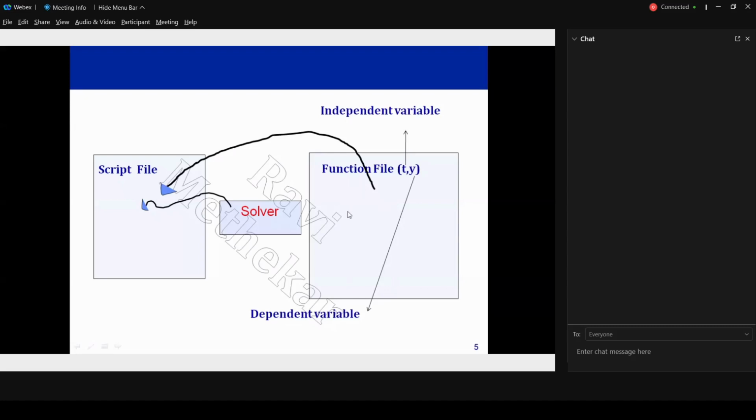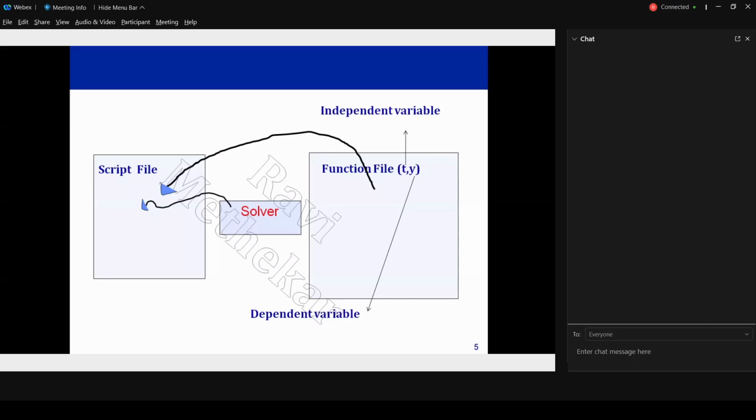This function file, and the syntax which I mentioned just now, you write in the script file. Once the script file runs sequentially and hits where you wrote this syntax, it understands that it needs to solve the ODE, because we asked for an ODE solver, that is ODE45 or ODE23s. As soon as MATLAB finds the solver name, it understands that it needs to solve the ordinary differential equation with the file name given, with the time span and initial condition.